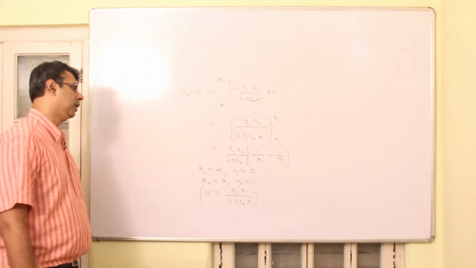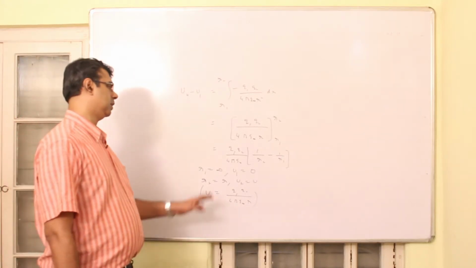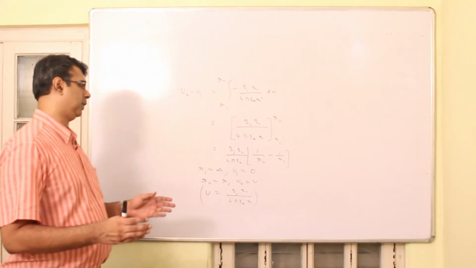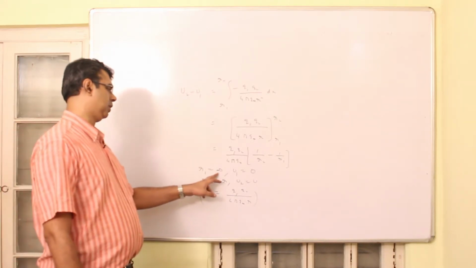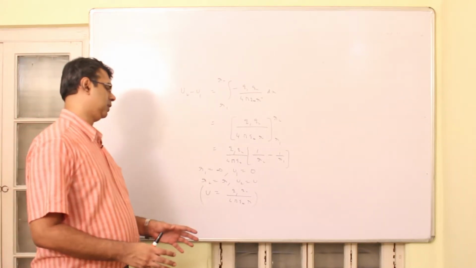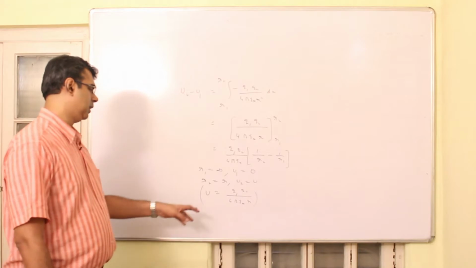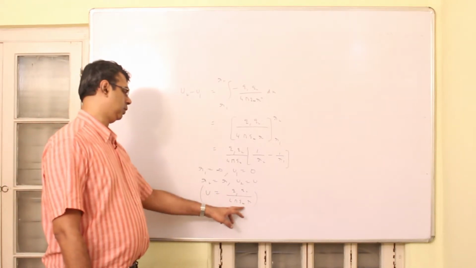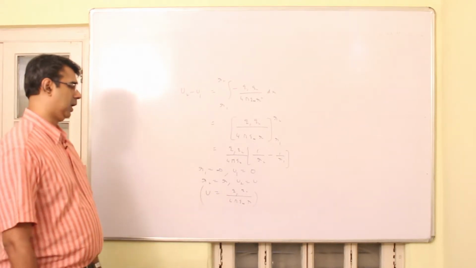I repeat again, if the two charges Q1 and Q2 are brought from an initial separation of infinity to a separation r, then the potential energy of the system of two charges is U equal to Q1 Q2 by 4 pi epsilon naught r.